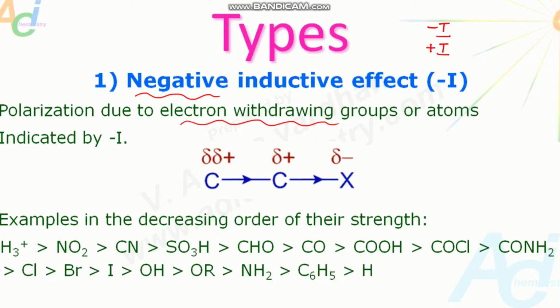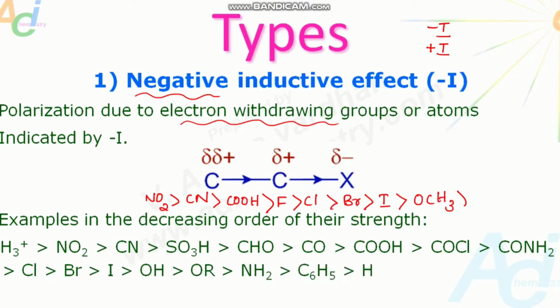The decreasing order of the negative inductive effect is: first the nitro group, then the cyanide group, then the carboxylic acid group, then fluorine, chlorine, bromine, iodine, then OCH3, and last CH3. This is the decreasing order of the minus I effect.